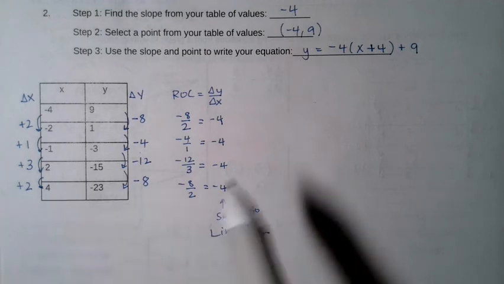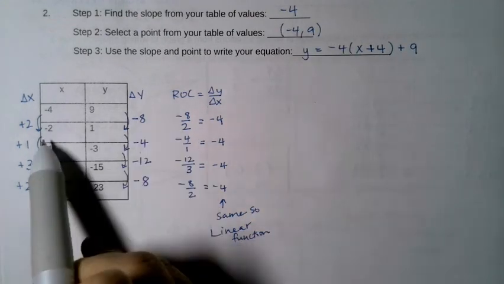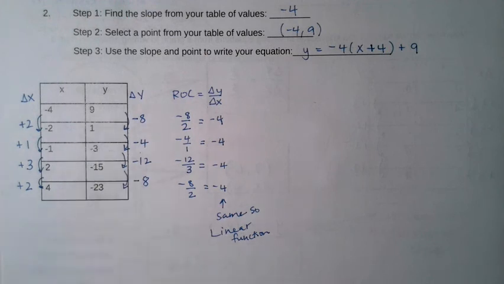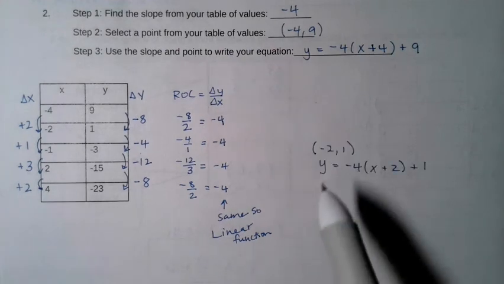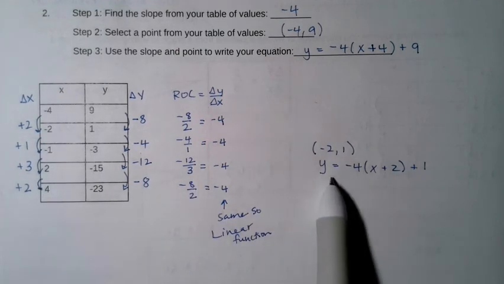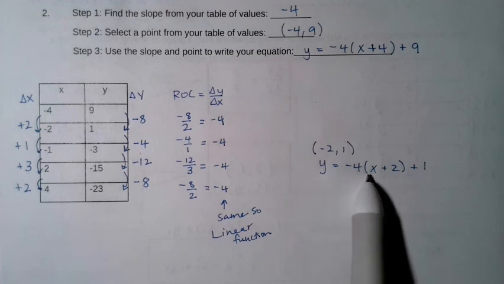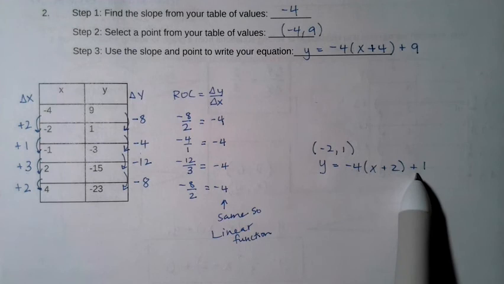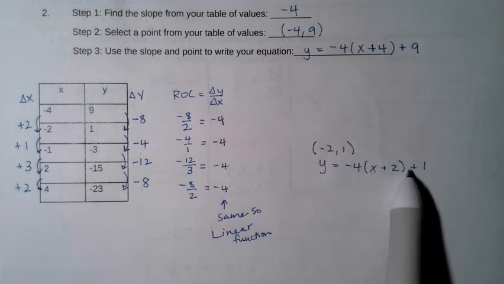Since we have a nice slope to work with, I'm going to show you that if we used a different point, like -2, 1, it would look different in point slope form, but if we simplify that to slope intercept form, it would look the same. So if I selected -2, 1 as my point from right here and put that in, I would get y equals -4 times the quantity x minus -2, which is the same as adding 2, plus 1.